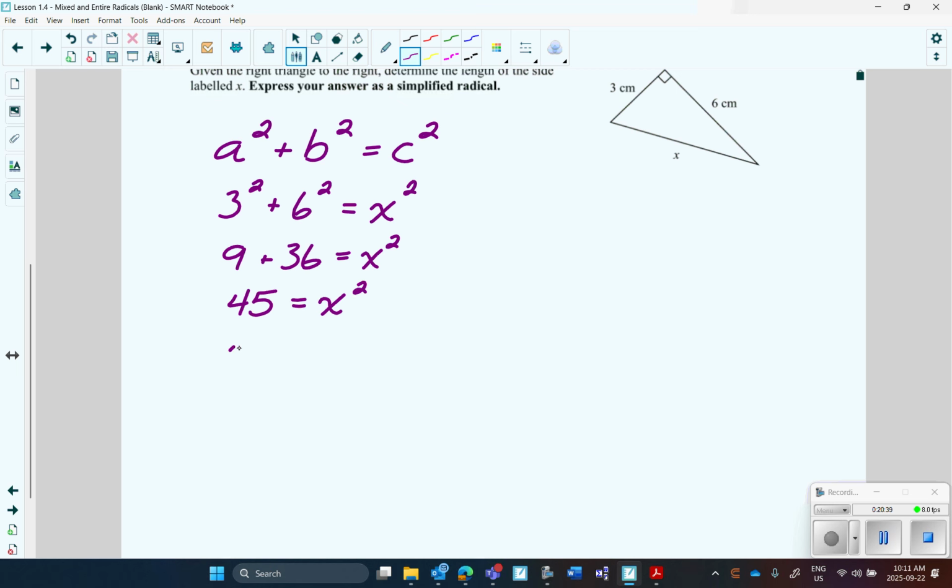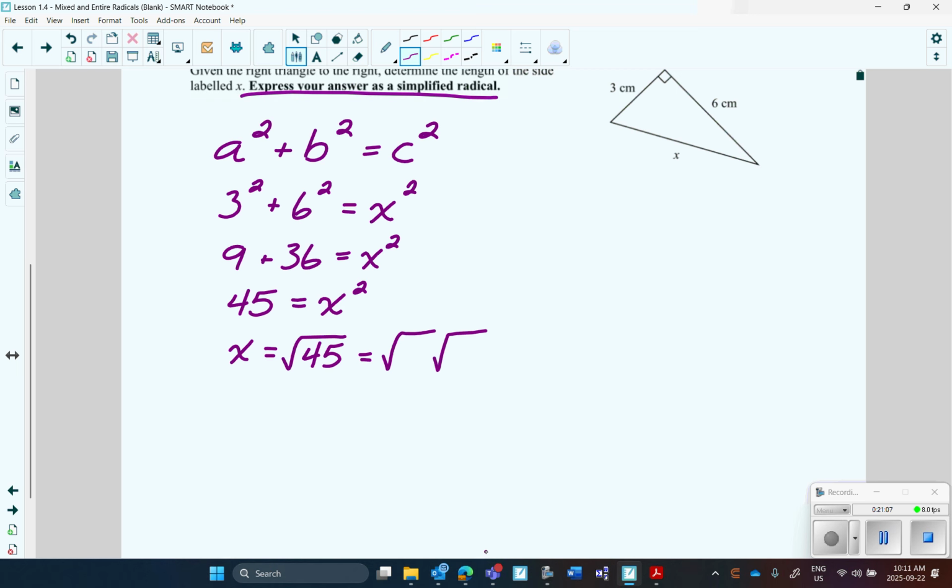So to find x, I'm going to have to take the square root of 45. This is where you would use a calculator. But notice, and I put it in bold, you've got to break it down. And I'm even going to stop writing that multiplication dot. You don't even need it. If you put them beside each other like that, it means multiplication.